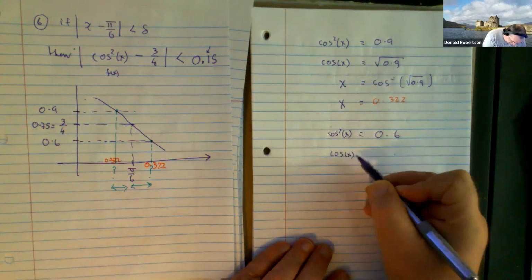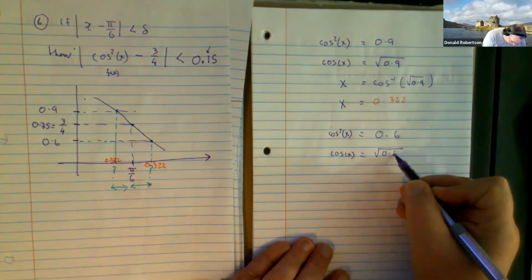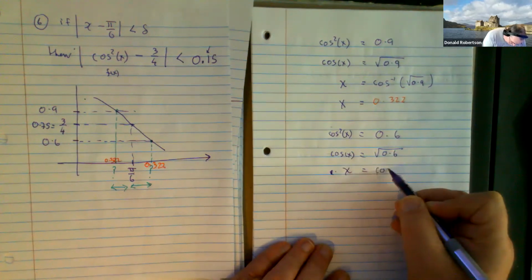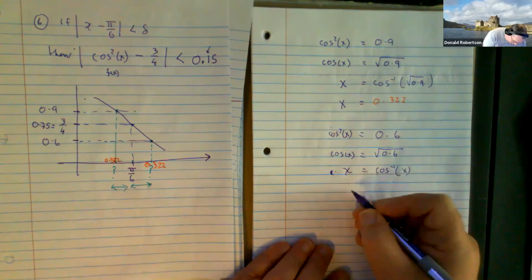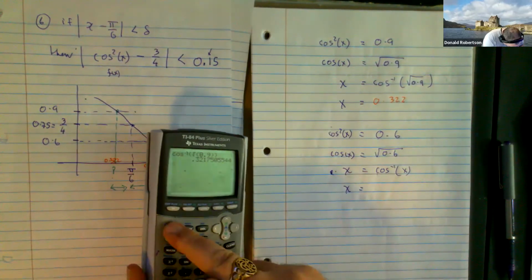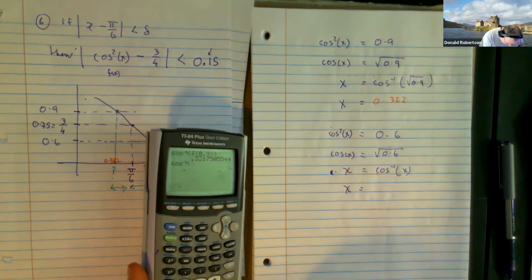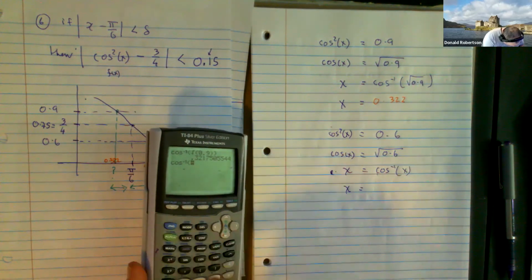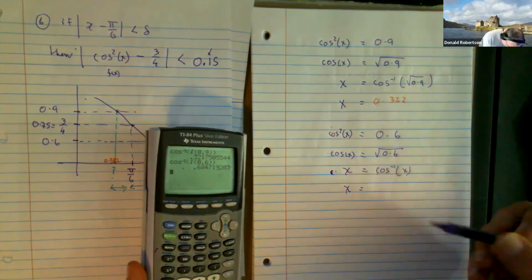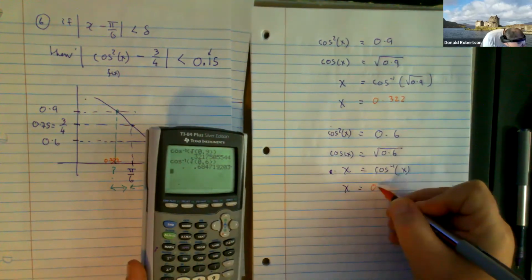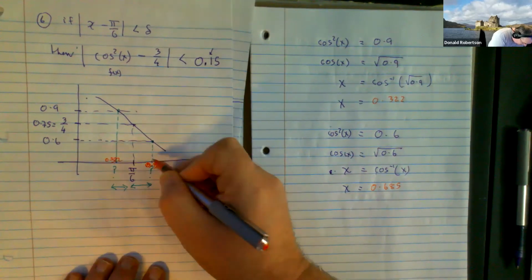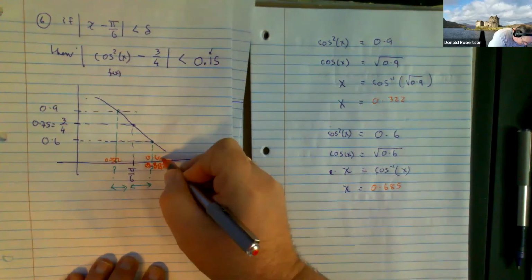So if you take the square root of both sides, and then take the inverse cosine of both sides, there we go, inverse cosine of the square root of 0.6, we get the answer 0.685. So this one here is 0.685.